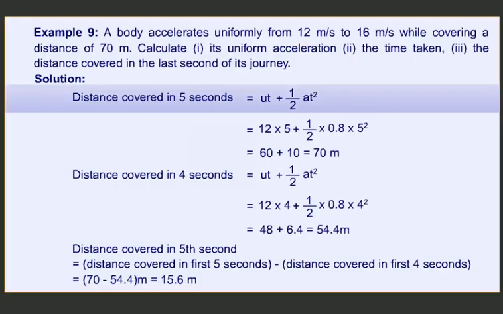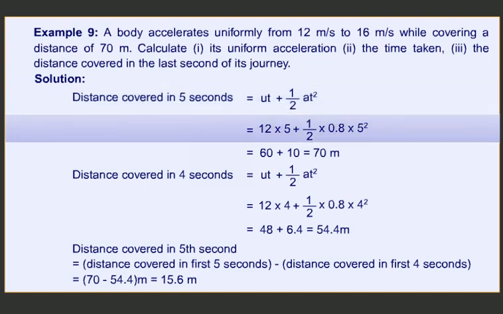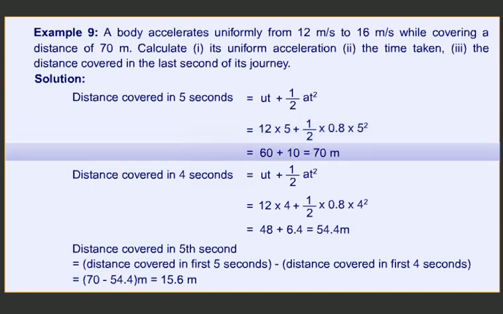Now let us calculate the distance covered in the last second of its journey. Students, we know that distance covered in 5 seconds is equal to ut plus half at square. This is equal to 12 into 5 plus half into 0.8 into 5 square. That is equal to 60 plus 10, which is equal to 70 meter.